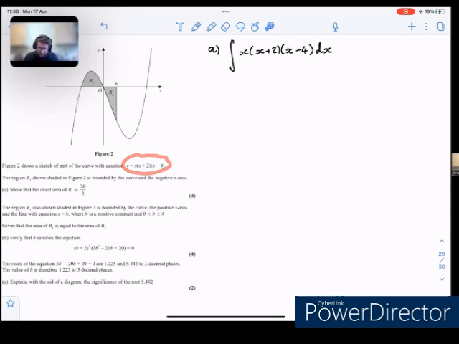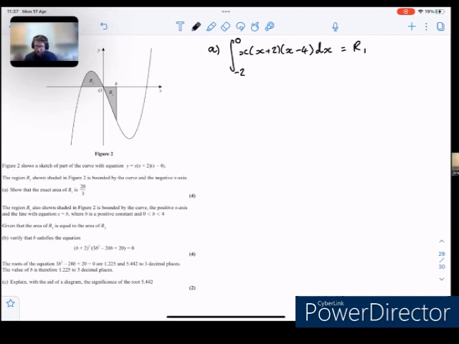So we know that the roots, the points where the curve touches the x-axis, are the roots to this equaling 0. So that's at 0, at minus 2, and at 4. So the one we're interested in there is minus 2, 0. Okay, so that is the calculation to find R1.